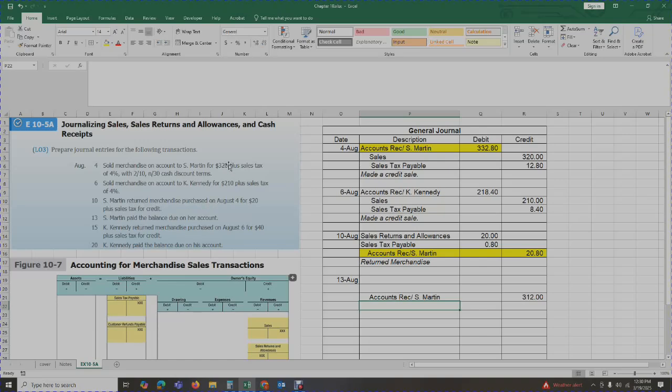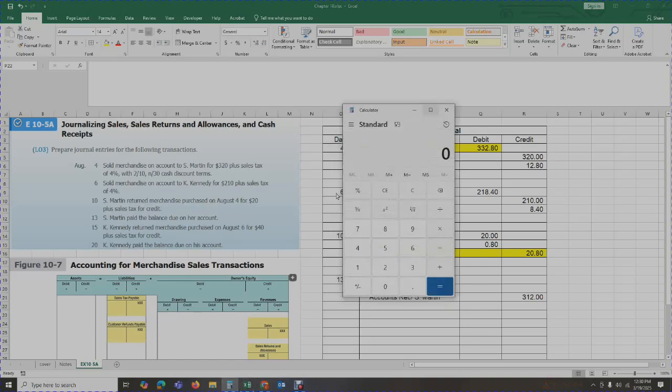So we have the sale of $320 minus a return of $20. So in reality, our sales amount is $300. The accounts receivable includes your taxes. We don't want to include taxes on the discount. The only thing that gets the discount is the sales amount.